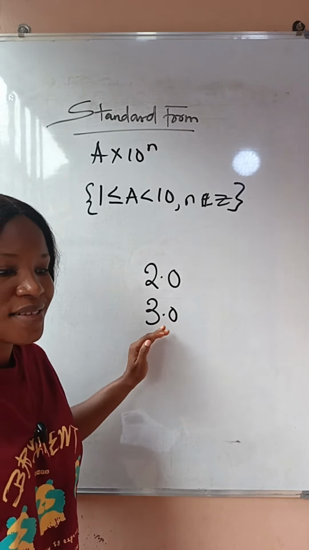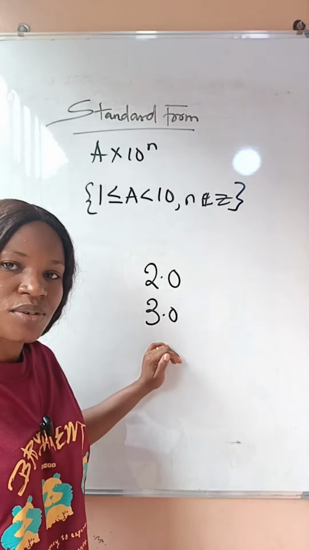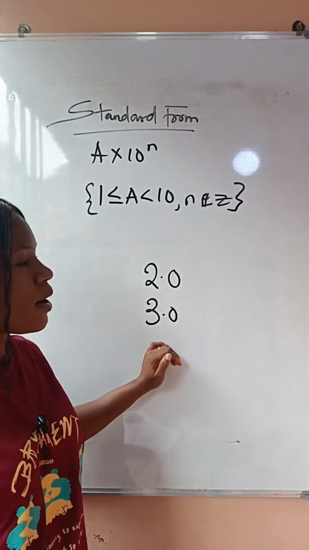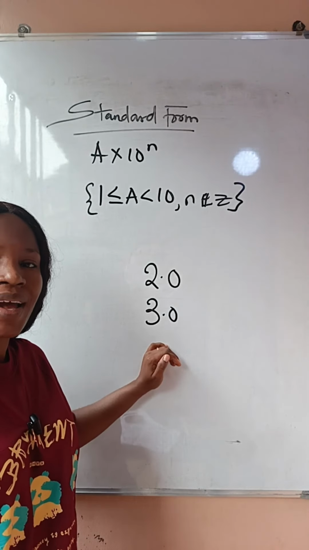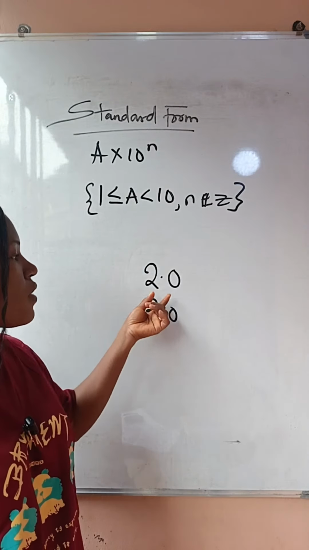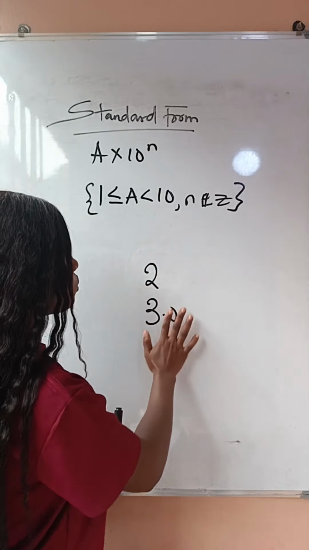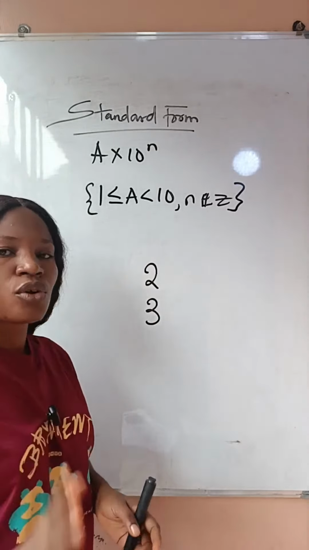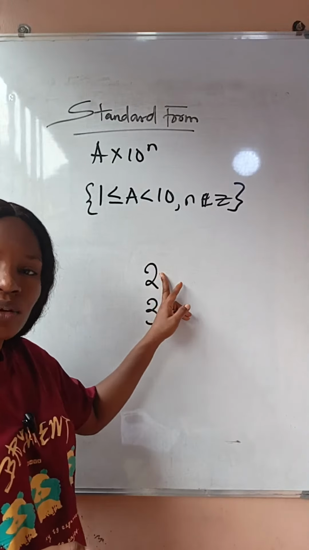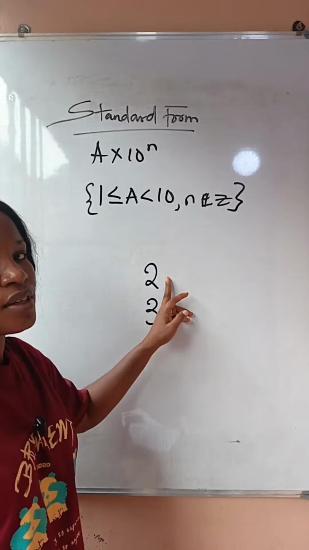Now, why is this necessary? This is very necessary because when you are asked to put a number in standard form, always remember that if that number is a whole number, even though the decimal point may not be shown, just know that your decimal point is at the end of the number. And if it is a decimal, the decimal point will be shown.